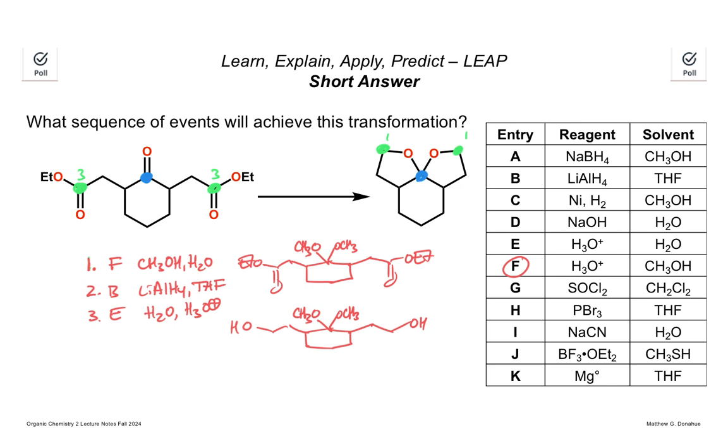And there's a lot of natural products that come out of marine sponges that have these acetal linkages in them. So this area of chemistry is pretty important for making those type of molecules.